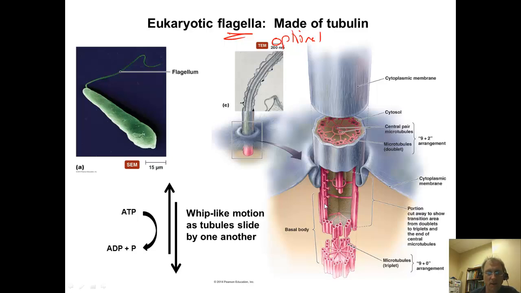And what that enables the flagella to do, as these microtubules made of tubulin move back and forth against one another, is slide back and forth, and the flagella, instead of moving in a rotational motion, moves in a back and forth, whip-like motion that propels the organism forward through its environment.